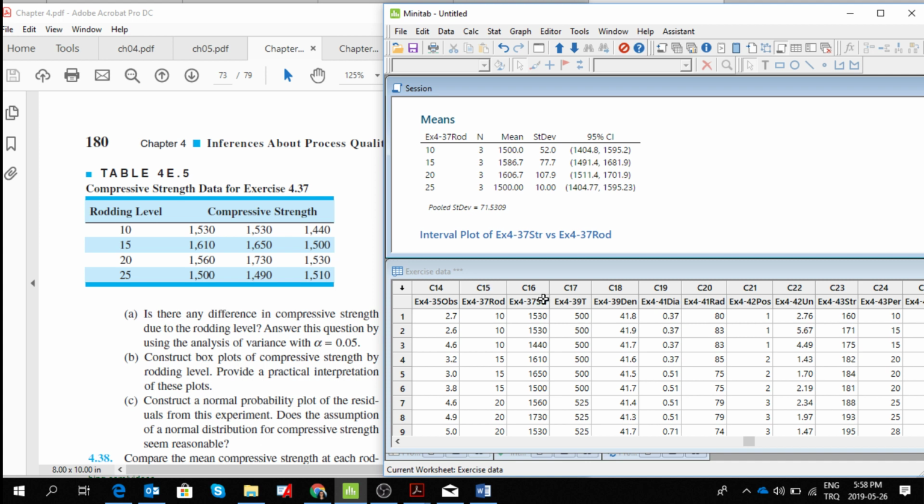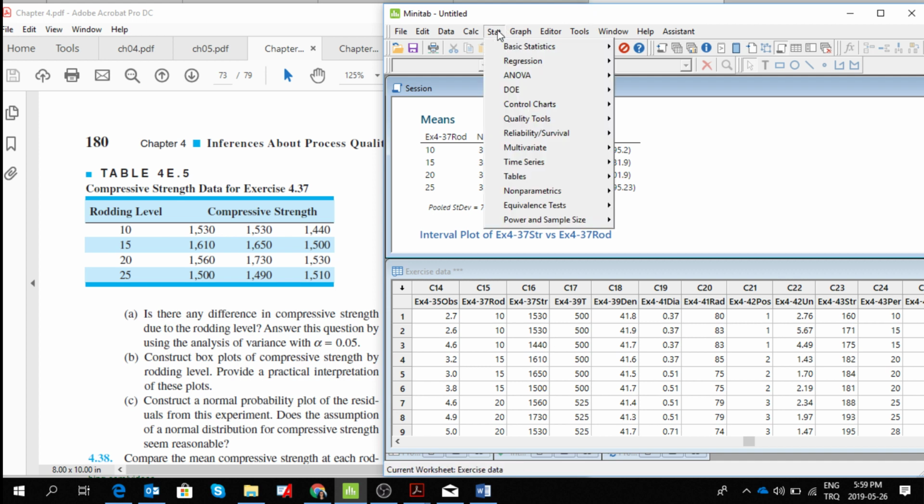C15 and C16 are the data sets we are interested in. The way it's written, for level 10 we have 3 inputs, for level 15 we have 3 inputs, for level 20 we have 3 inputs, and for 25 we have 3 inputs. So the response variables are in one single column.